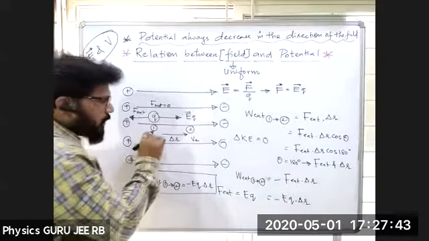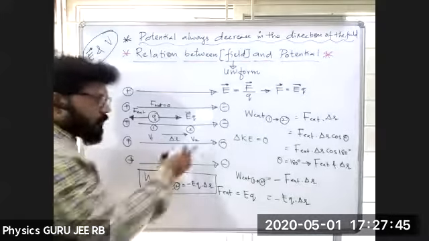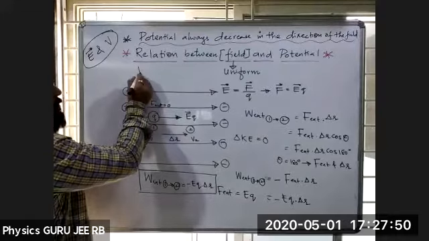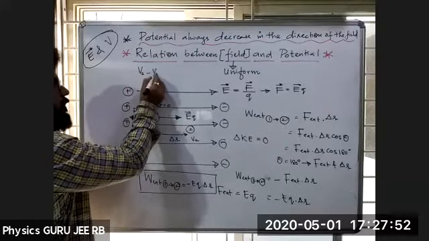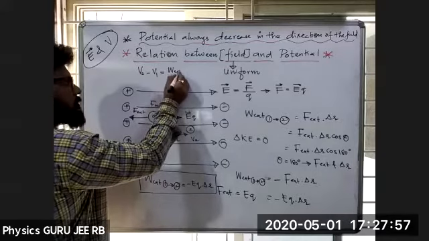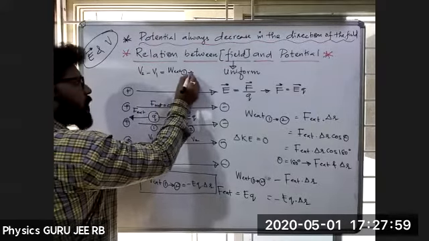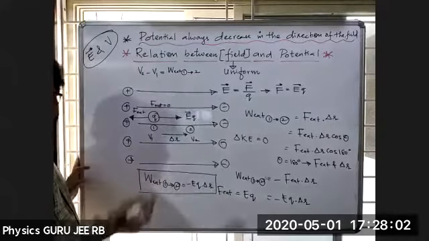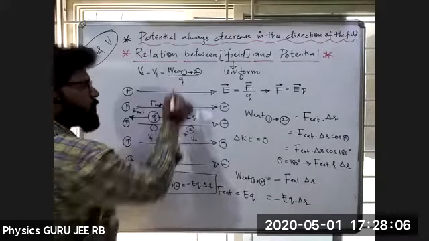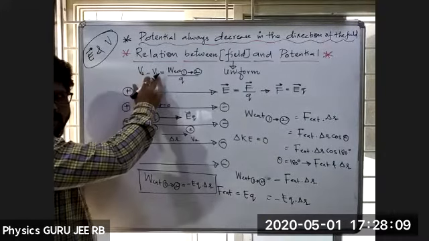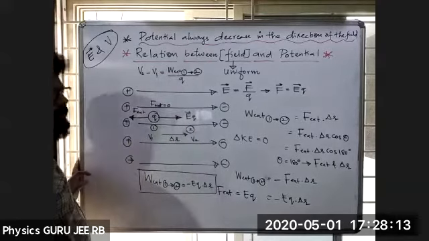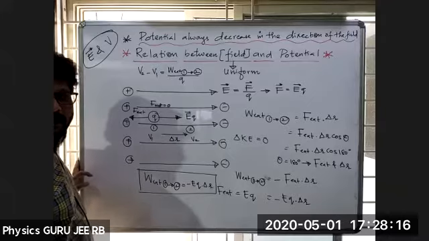When I bring a charge from one point to the other, according to the definition, final potential minus initial potential, V2 minus V1, can be written as the work done by the external agent in bringing the charge from 1 to 2 divided by Q, the charge. V2 minus V1 is equal to work done external divided by Q. Take this and substitute there. Q and Q will cancel.